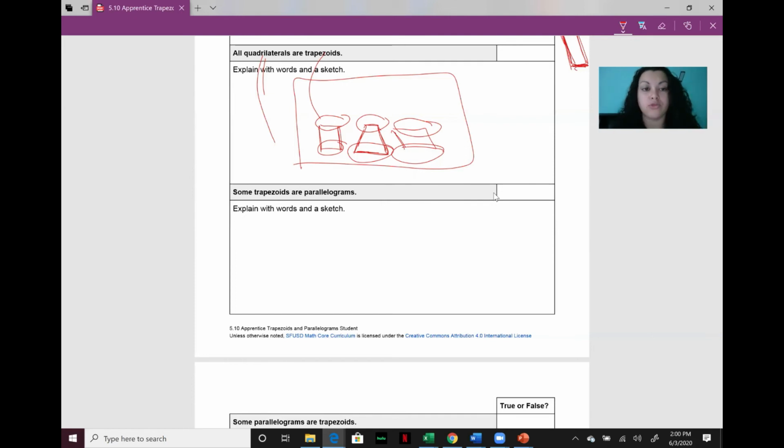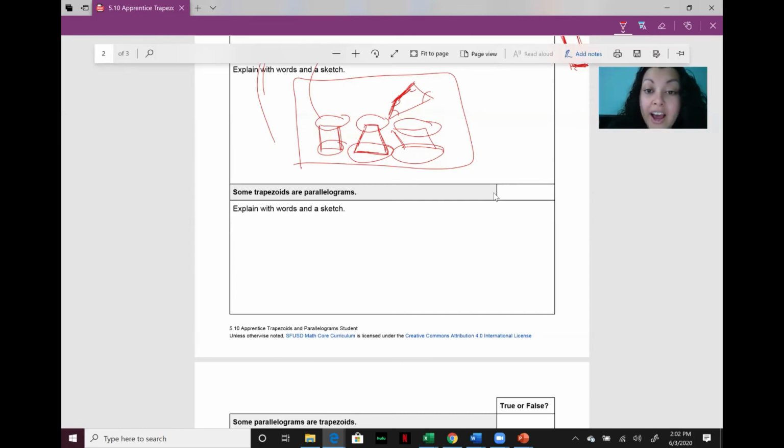Let's think about a quadrilateral that isn't a trapezoid. If we think about any 4-sided shape, that could be something like a shape like this. It has 4 angles and 4 sides, but it doesn't meet the qualification that there is one pair of parallel sides. Another example could be a kite.